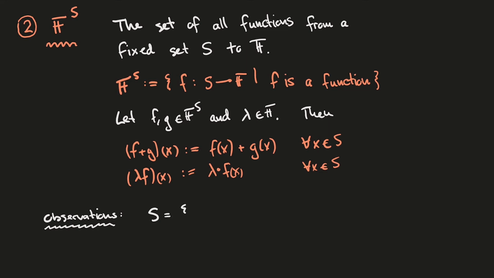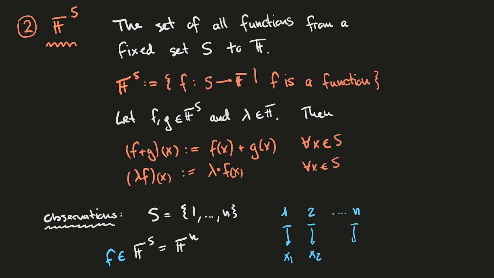Similarly, if we let S be the set containing the numbers from 1 to n, then F^S is actually the same thing as our vector space F^n. We can see this as follows. So F^S contains functions f from S to F. So f will map the element 1 to an element of F, x1, and the element 2 to an element x2, and so on up to n, which gets mapped to some element xn.